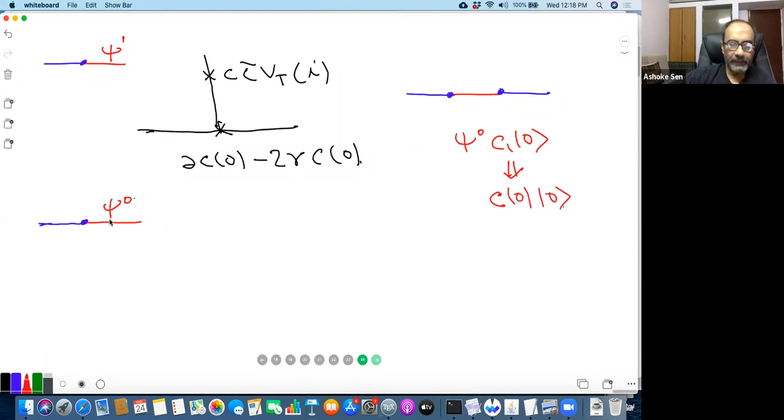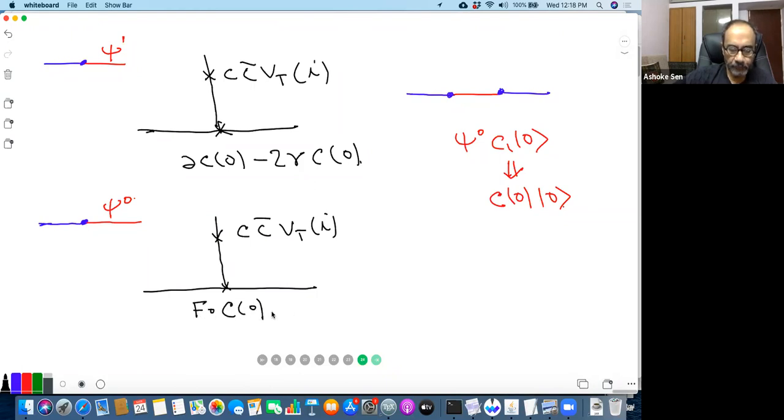So if you are doing this calculation, then what you insert here is C bar Vt of I, and here you will insert f dot C of 0, which is f prime of 0 inverse times C of f of 0.